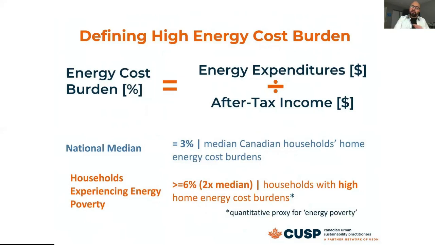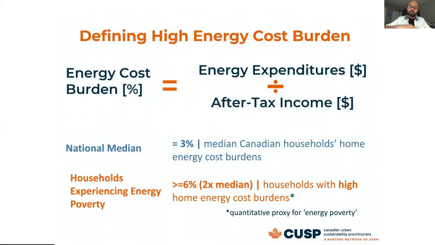But a median household in Canada, we've calculated, spends 3% of their after-tax income on home energy needs. And we followed some best practices from other jurisdictions to define households that experience energy poverty as households that spend 2 times the national median.